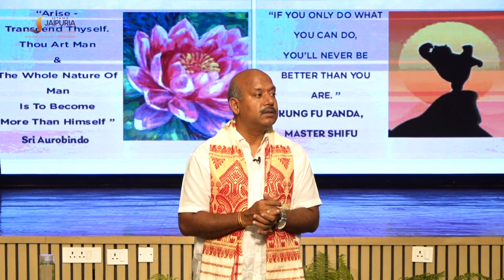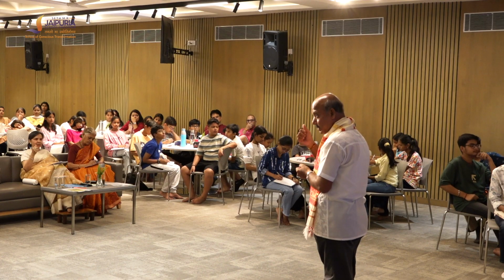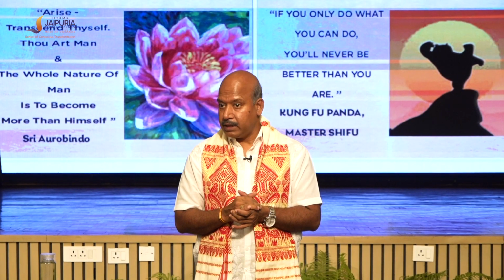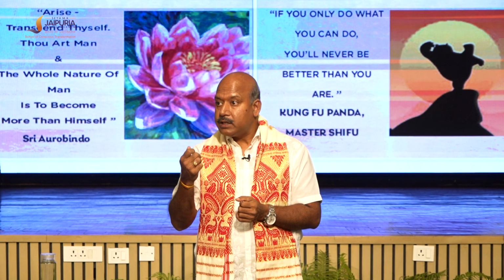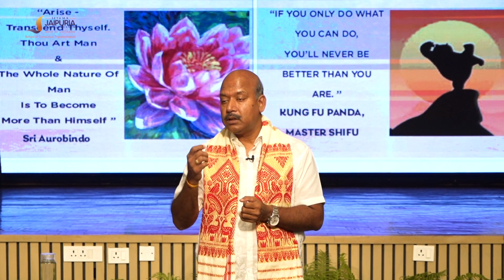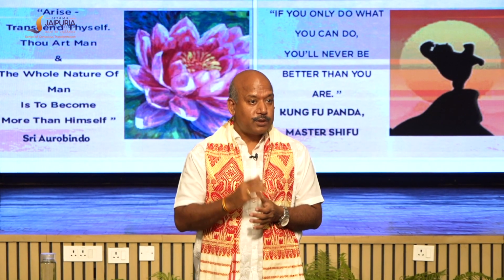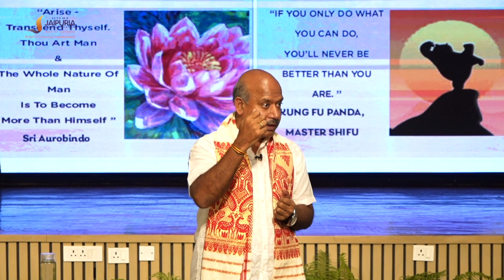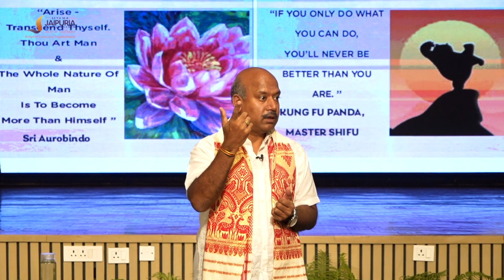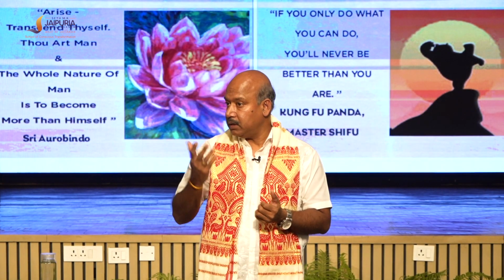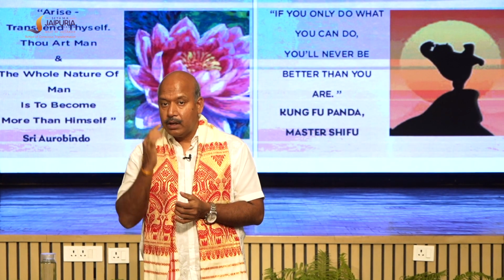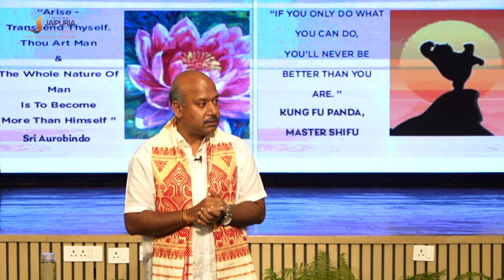You use it as an umbrella, right? So it's a tool whose root sound is chhad. Chhad means to cover. So it's a tool which helps you to cover your head from the rain or sun, anything, right? Chhatra.